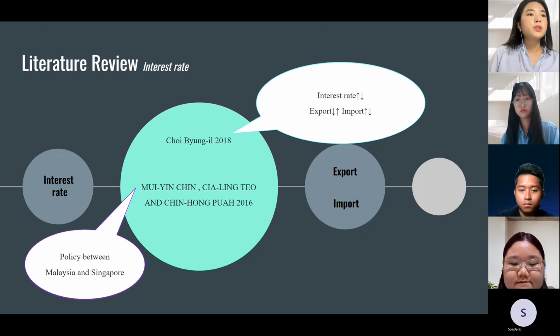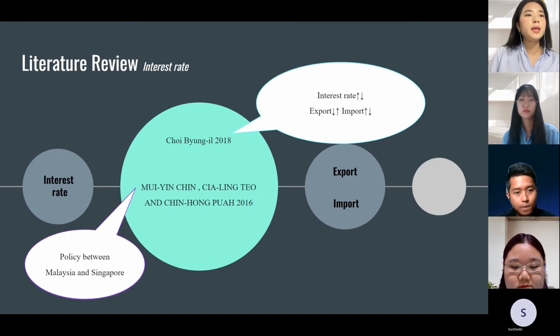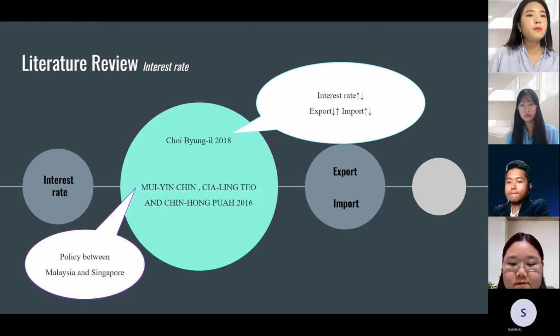A literature review study by scholar Choi Byung-il also revealed that higher interest rates weaken export price competitiveness. Since Singapore and Malaysia are intertwined with economic policies such as AEC and RCEP, it is necessary to analyze how and how much interest rate fluctuation affects each country.